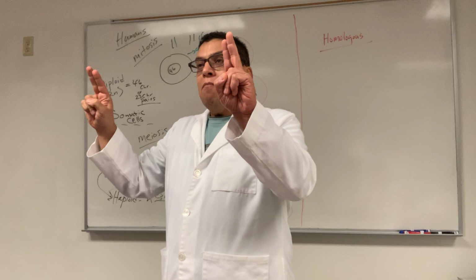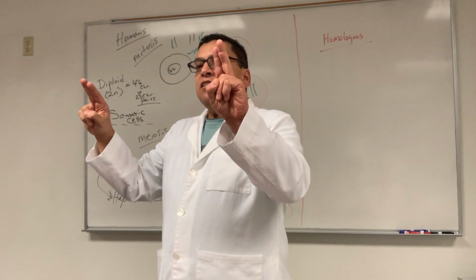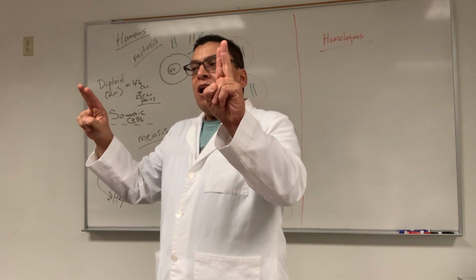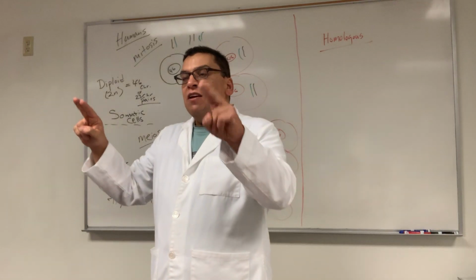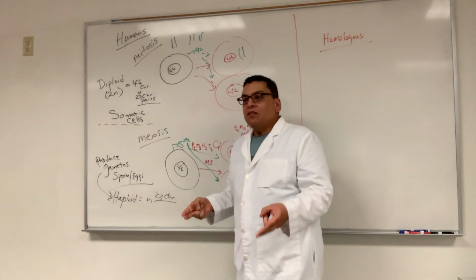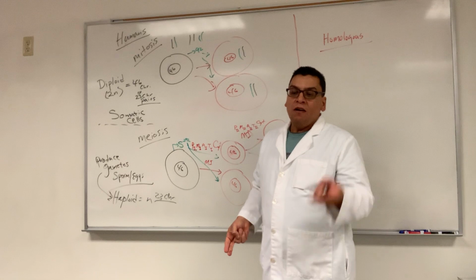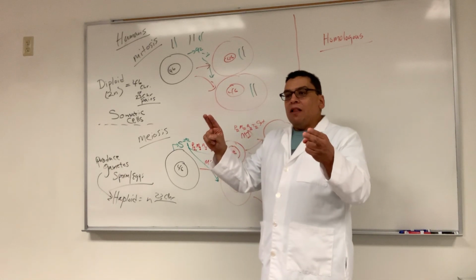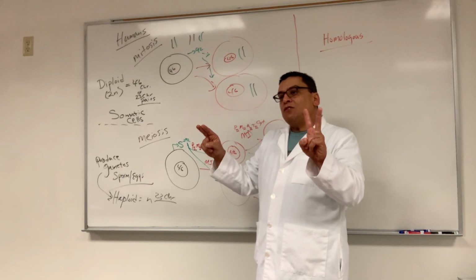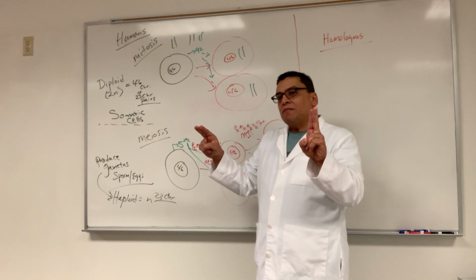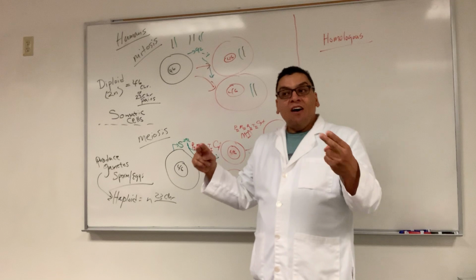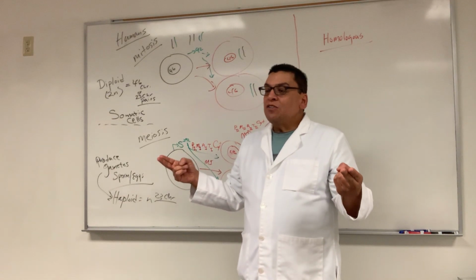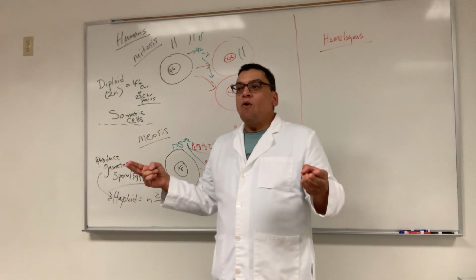And each homologous chromosome is made up of sister chromatids. Are we catching the words? You're going to have 2 homologous chromosome 2s. One from dad and one from mom. And each homologous chromosome is going to have 2 sister chromatids. And all of that is happening so far in prophase 1.